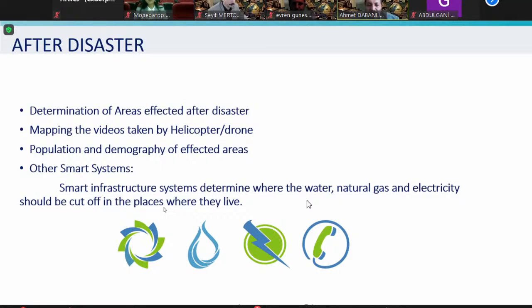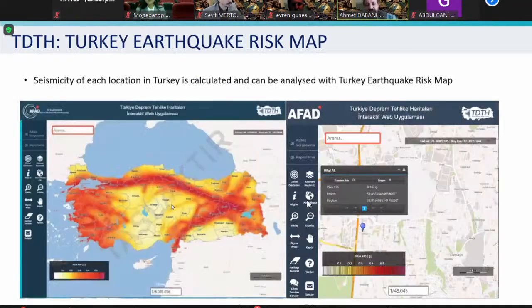The location of the failures must be found, and which valves to close, which switches to open or close, or which fiber connections must be made must be known. This system can manage all of these things with the integration of the other utility companies. So this is the Turkish earthquake risk map.